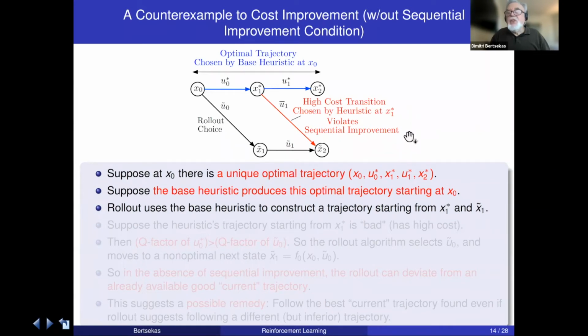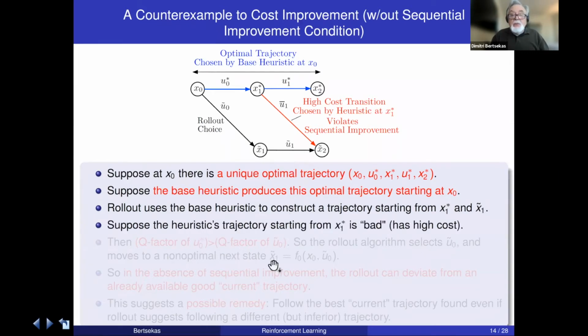Because this is high cost, it violates sequential improvement, because this trajectory, this Q factor is high, and this Q factor is worse than the cost of the Bayes heuristic. So the rollout choice is going to be this one.